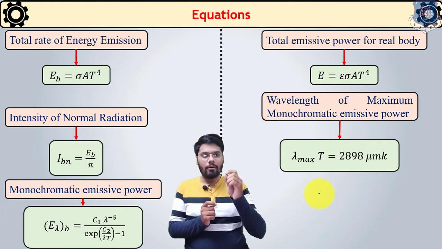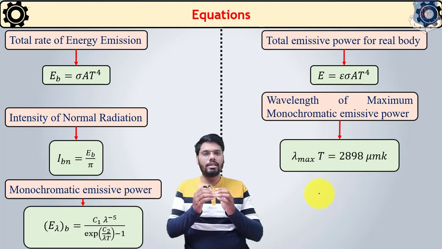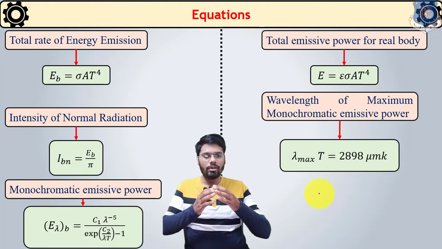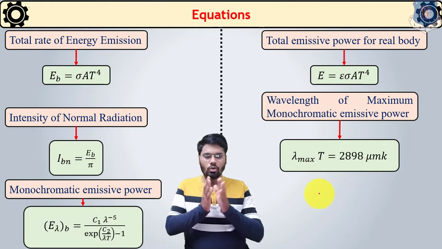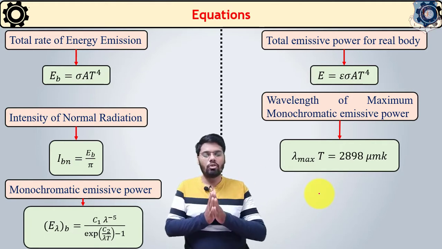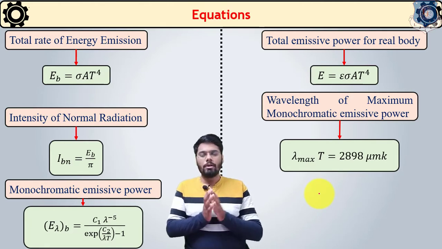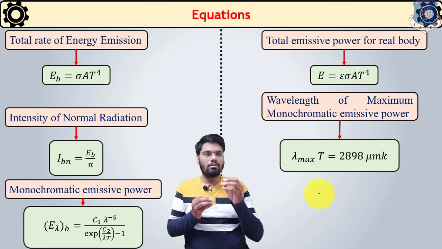Remember, whenever an object is above absolute zero temperature, it emits electromagnetic waves of different wavelengths. If we consider all the range of wavelengths, it gives the total emissive power. But for practical purposes, we are sometimes more interested in a particular wavelength of electromagnetic wave.